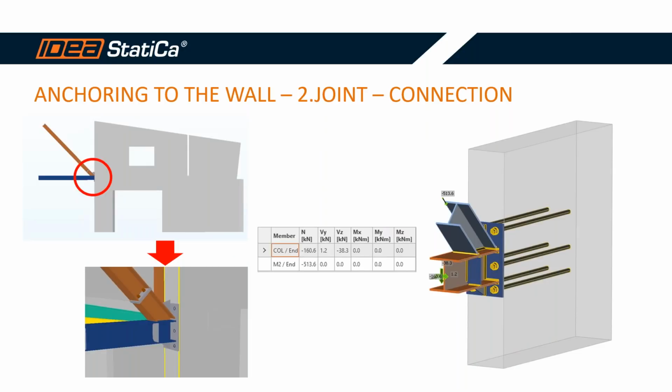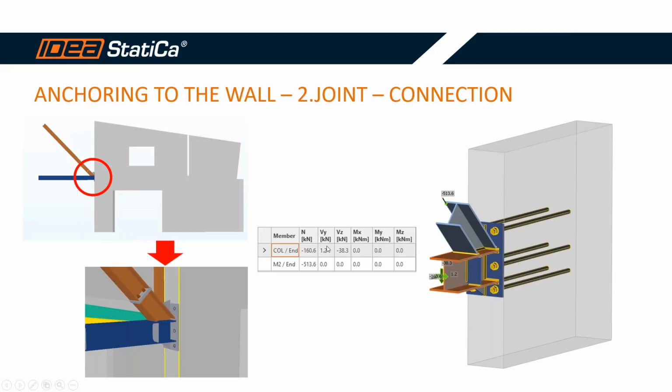The next connection, you can see from the drawing, is some truss frame, and here is some diagonal with some beam in the bottom, and it's anchored to the wall as well through the base plate.